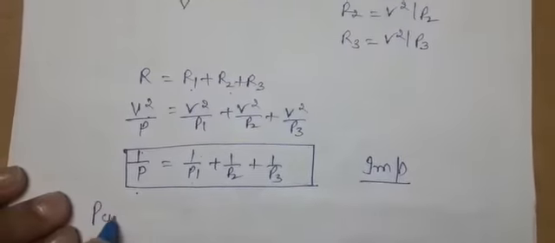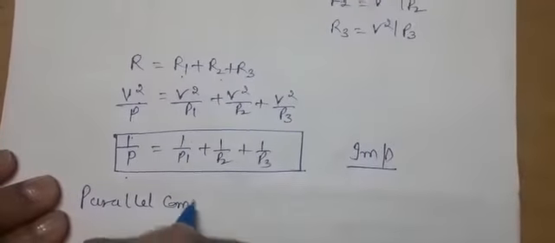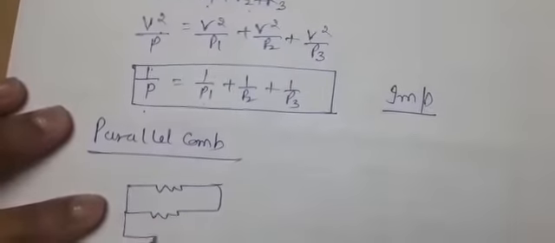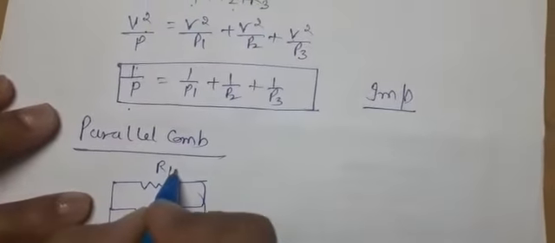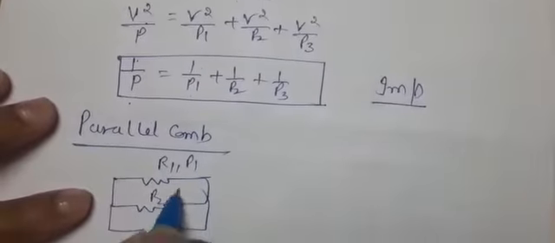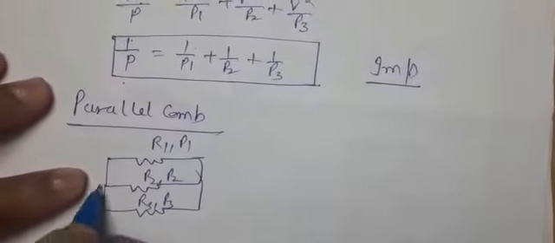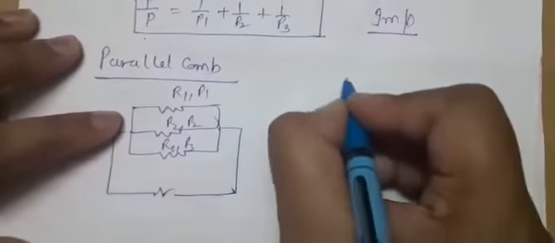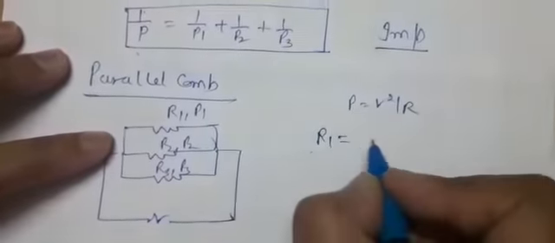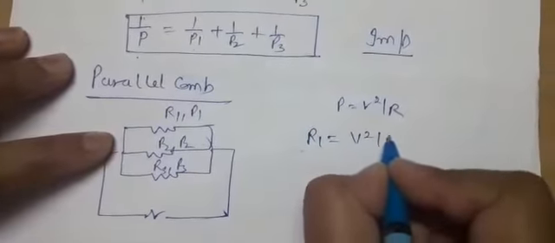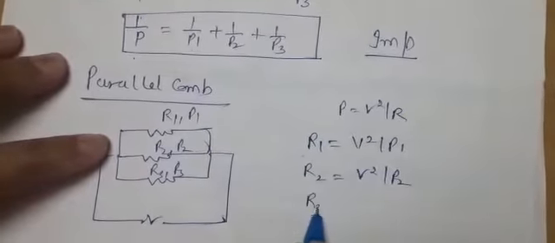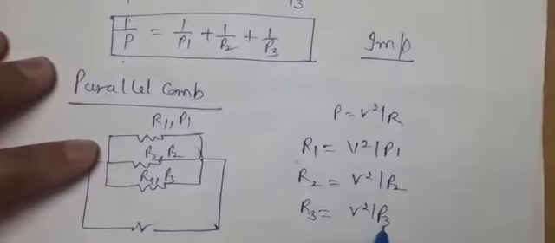But for the parallel combination, if we have different gadgets connected in parallel, let their power ratings again be P1, P2, P3, connected to a common voltage V. As we have discussed, the formula is P equal to V square by R, so R1 will be V square by P1, R2 will be V square by P2, and R3 will be V square by P3.